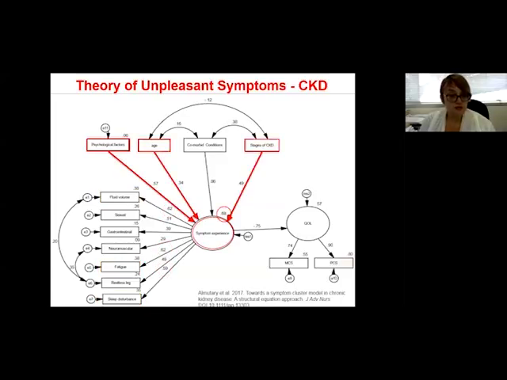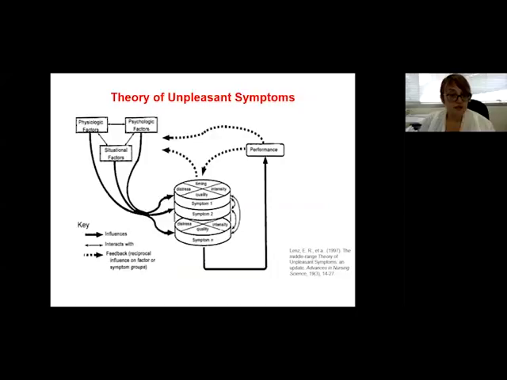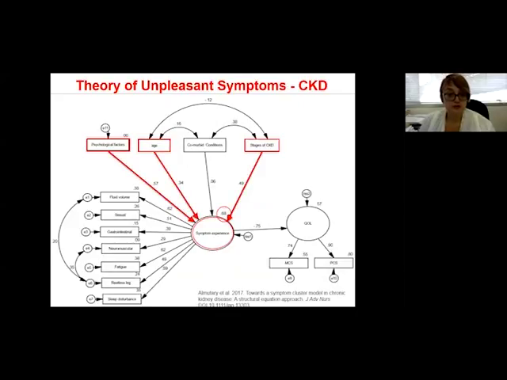Go back to the theory. The last part of the theory is how do the symptoms influence performance? So in our research, the performance we measured through quality of life. And this is our quality of life results.